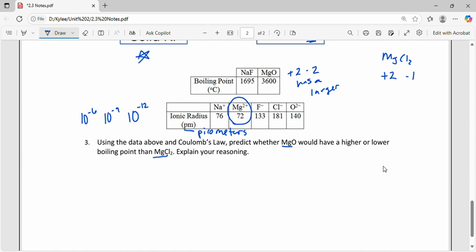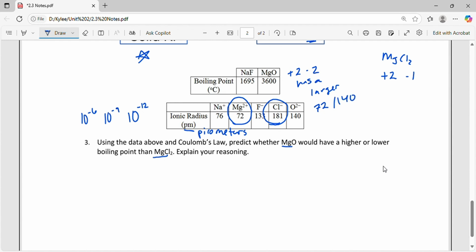So the difference here is going to be in the fact that the radius for chlorine is much bigger than the radius for oxygen. So for MgO, not only is the charge bigger, but we have a smaller radius. The radius is Mg is 72 and oxygen is 140.